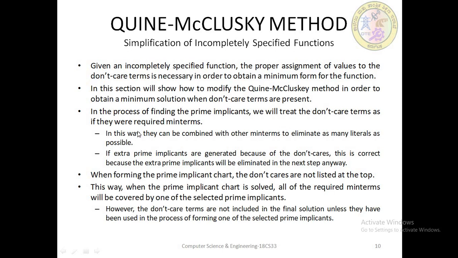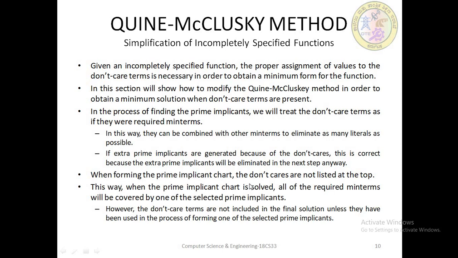In the process of finding prime implicants, we treat don't care terms as if they were required minterms. Just like with the K-map, the same thing we do here. They can be combined with other minterms to eliminate as many literals as possible. If extra prime implicants are generated because of the don't cares, this is fine because extra prime implicants will be eliminated in the next step anyway.